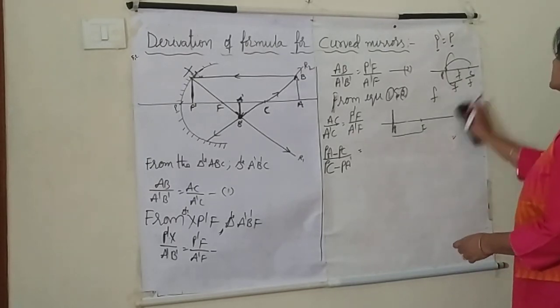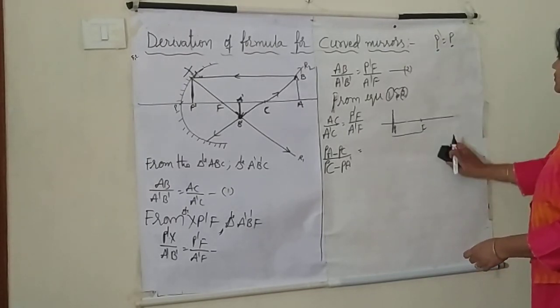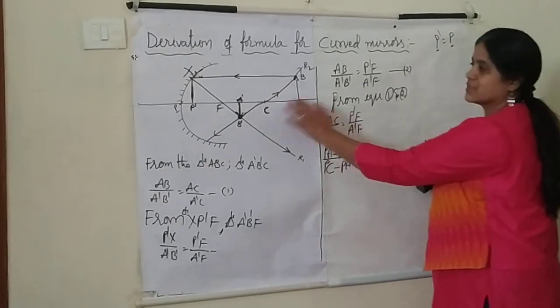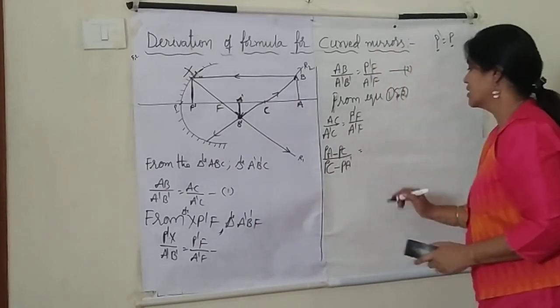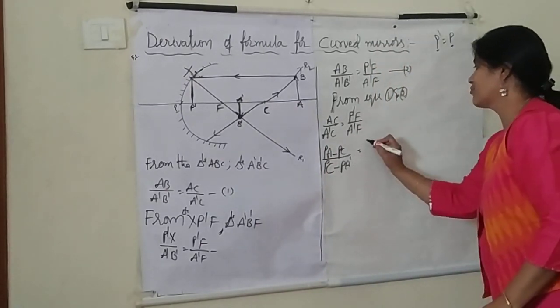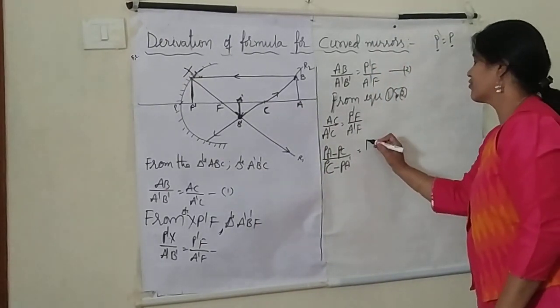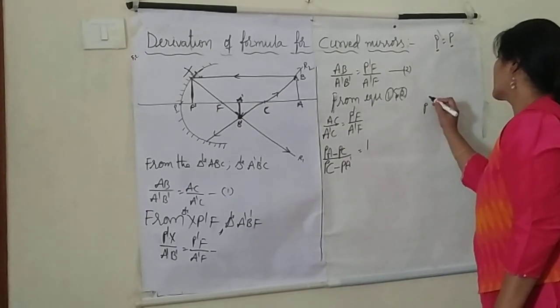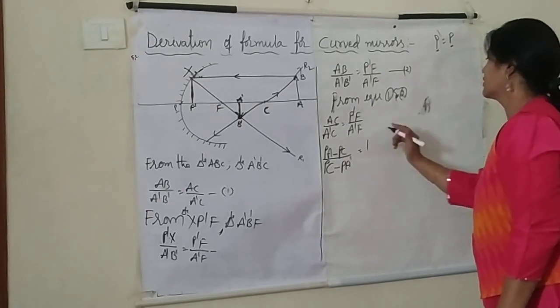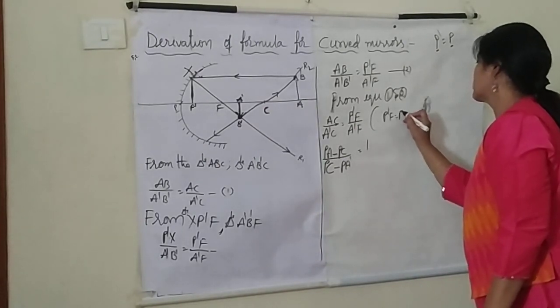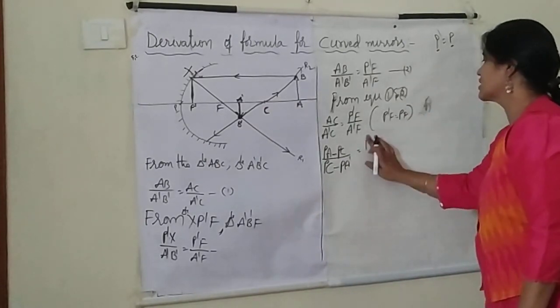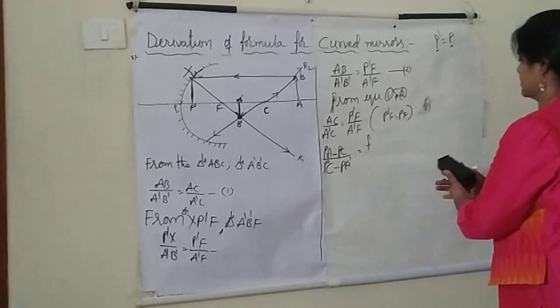Already I discussed this. So in this figure, instead of P dash, I am taking P. So P dash F becomes PF. P dash F is equal to PF, and PF is the focal length.